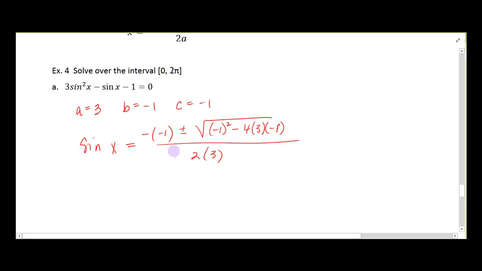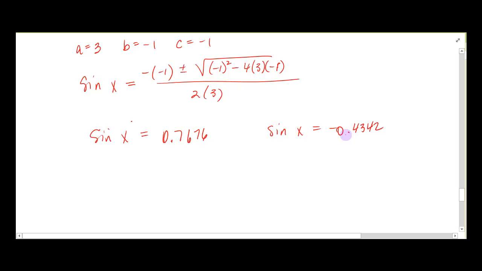So we're going to plug that whole thing into the calculator and we get two answers. The first answer that I get is going to be a plus, and then we do it again for a minus. So when I plug that into the calculator, I get that sine x is equal to 0.7676 for the first angle, and I get sine x is equal to -0.4342.